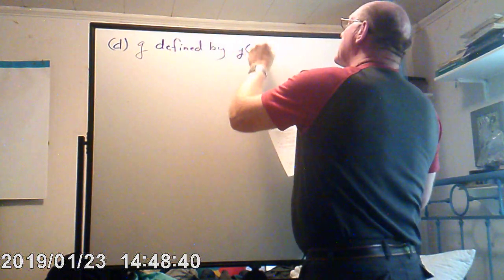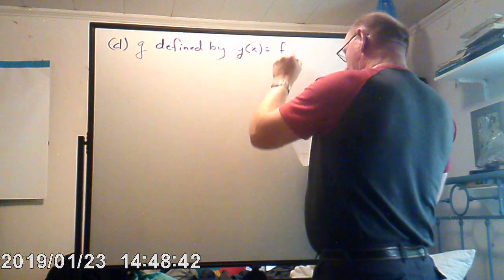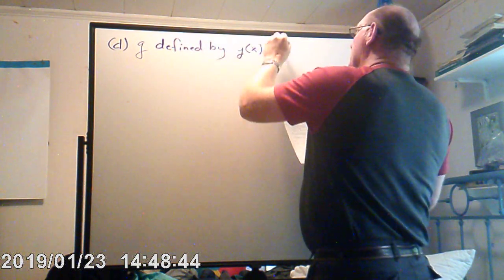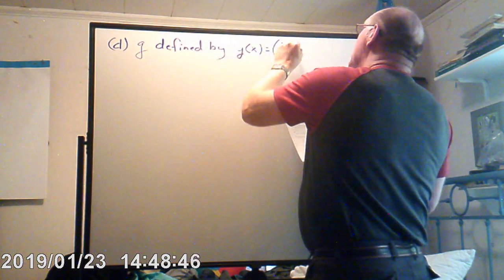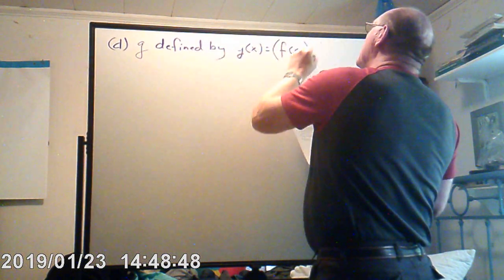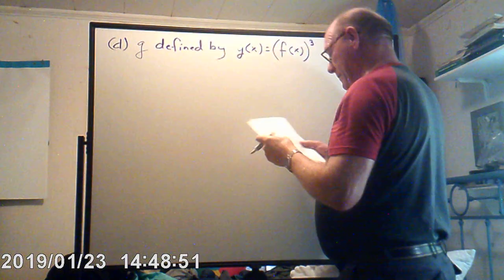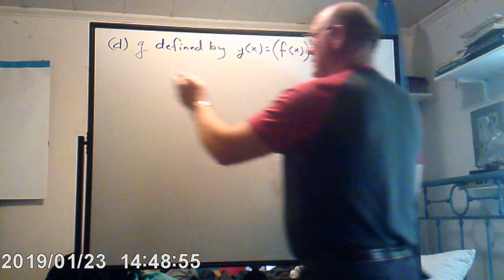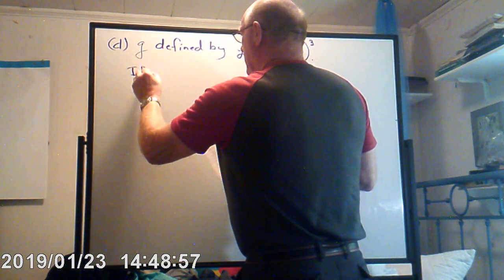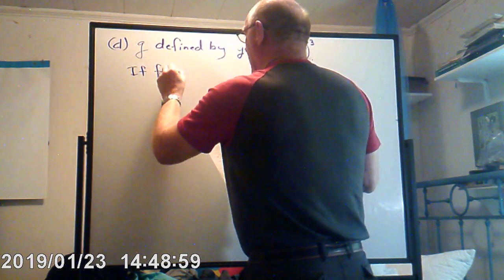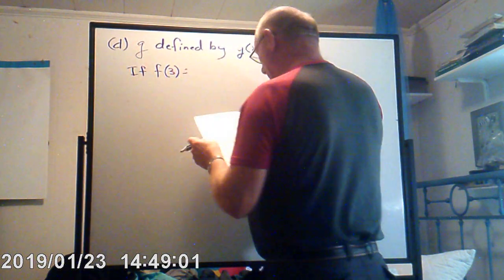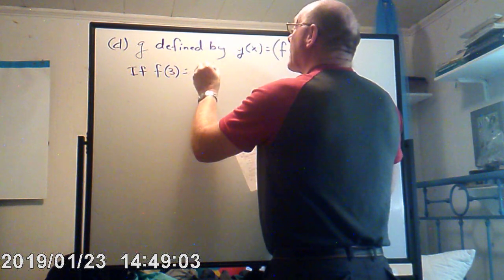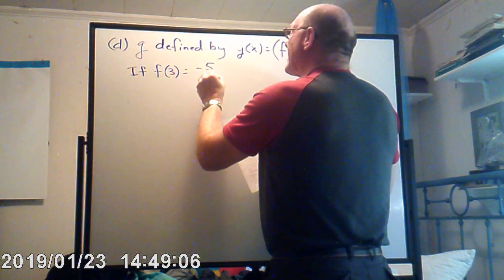G at x is equal to F, that's in parentheses, F at x, and they're cubing that. Alright, and then they say if F at 3 is equal, I don't want to say it's a negative 5 halves. I thought it was 5 halves, but it's negative 5 halves, but okay.